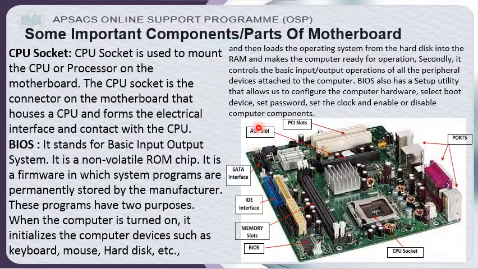First one is the CPU socket. The CPU socket is used to mount the CPU or processor on the motherboard. Whenever you want to connect a CPU to your motherboard, you will use a CPU socket.